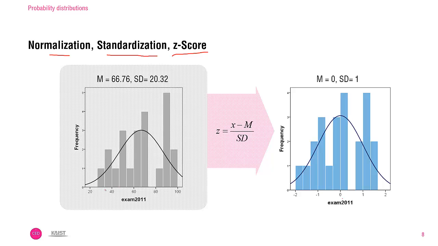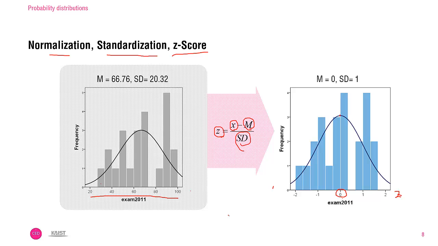So the initial x-axis had a range like that, and when you transform the data into z-scores, which means you take every single score and subtract the mean of the scores, and you divide this subtraction by the standard deviation, then that will be a z-score. So if you compare the shape of the histograms, they should be similar.